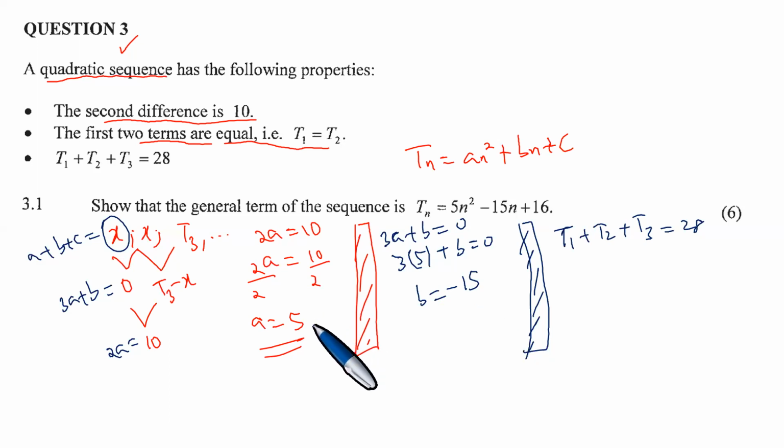Sorry, sir. Yes, please. When finding T1, can't we add the 5 and the minus 15 and then plus c is equal to 28, then we solve from there for T1? Yes, we can actually.